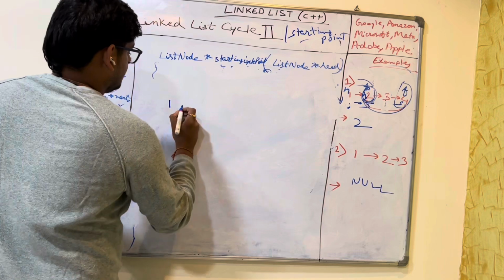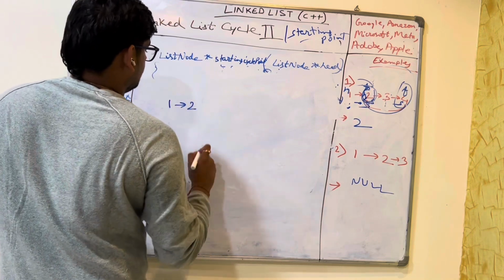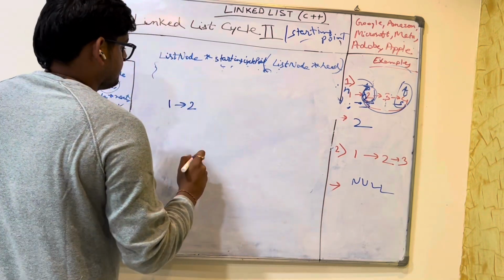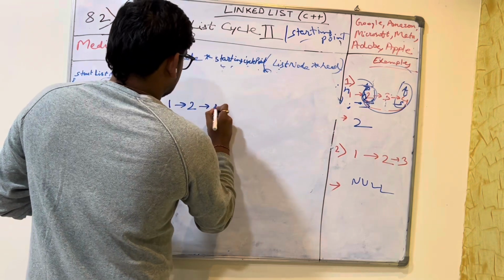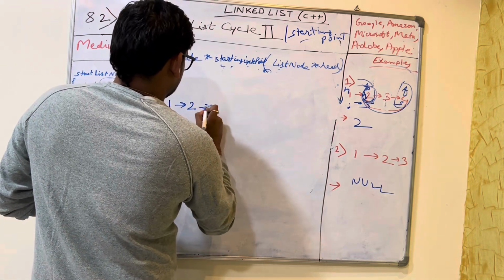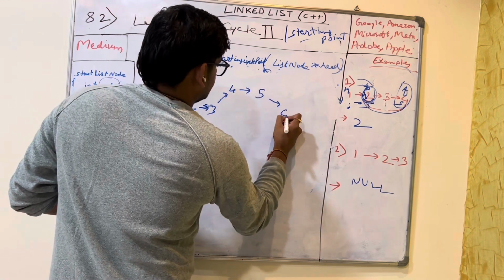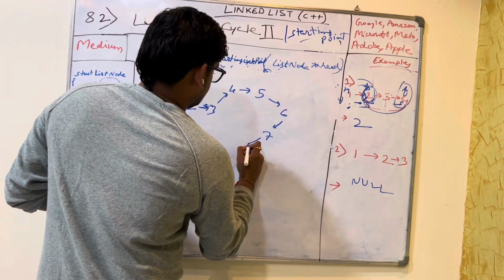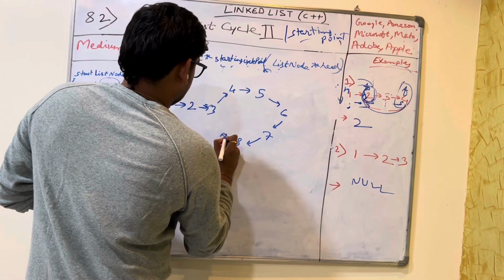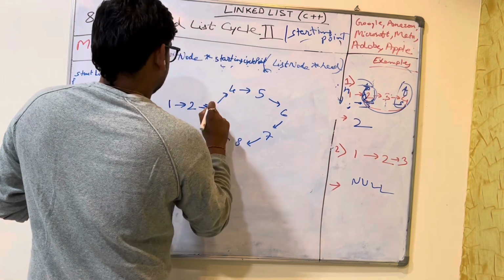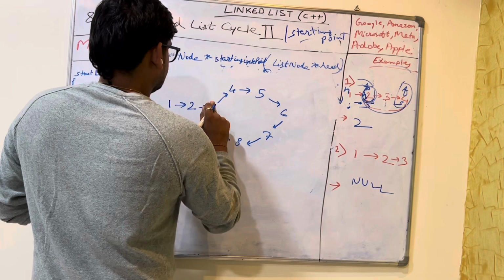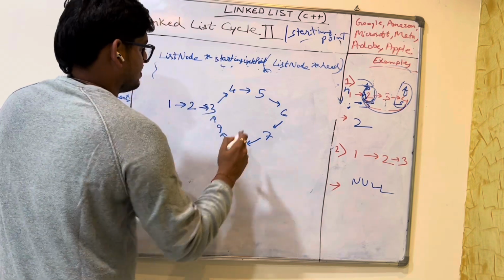So say we have a linked list 1, 2, 3, 4, 5, 6, 7, 8, 9, 3. Okay, this is a linked list which has this cycle.